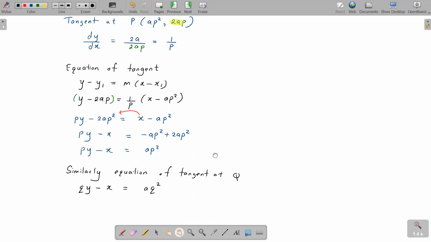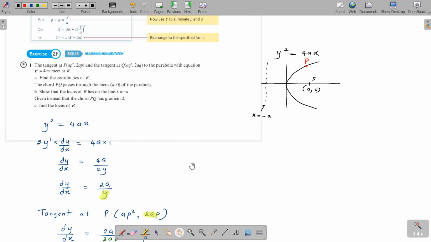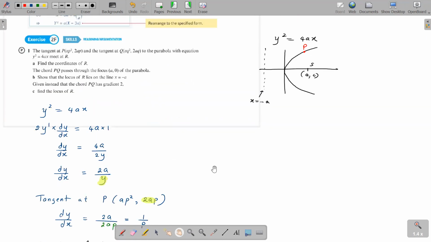Okay. Then move on. So find the coordinates of R. Finding the coordinates of R means, so this is point P, and there's another point called point Q. So I'm finding the tangents at P and Q, right? Where they meet. Shall I make Q a different point? Let's say Q is over here. What do they want?